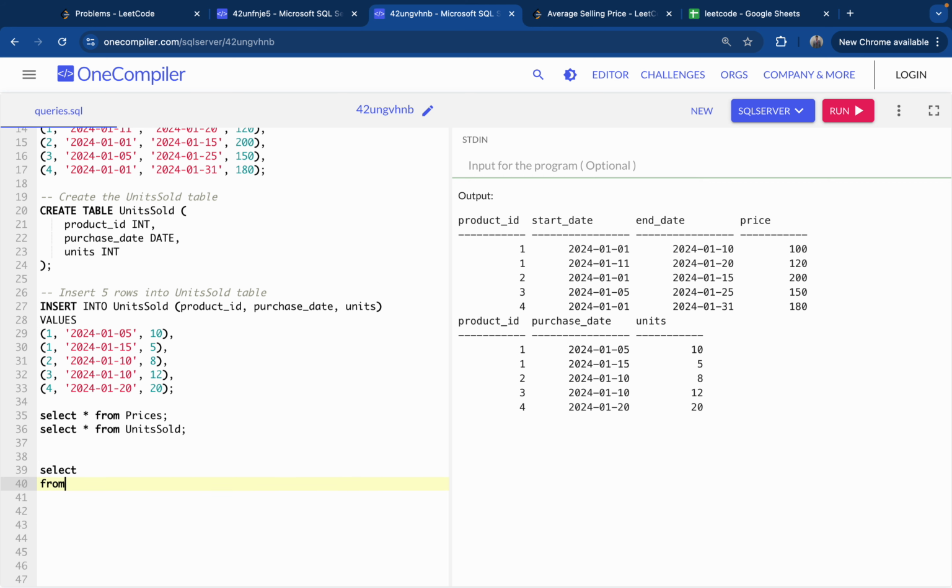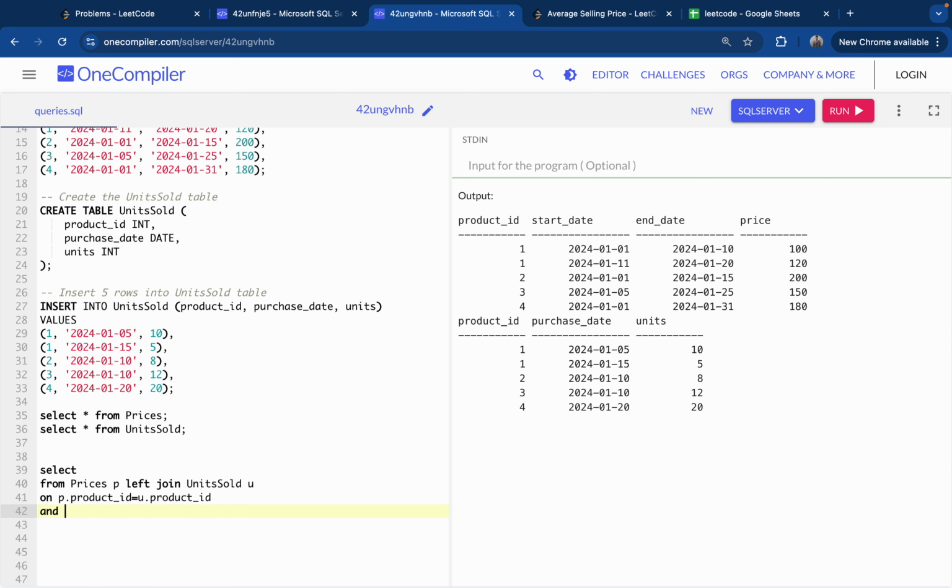So select from prices P left join units sold U on P.product_id equals U.product_id. And then we also want to make sure that the purchase date is between the start date and end date.